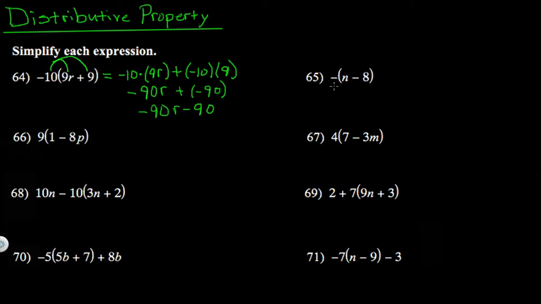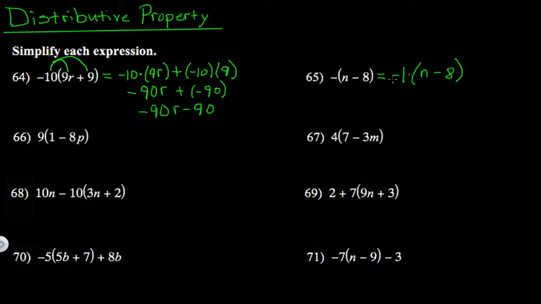Number 65 is a good one because here we have a negative. This negative, anytime you have a negative sign, you can think about it as the constant negative 1. So if you like, you can rewrite this as negative 1 times n minus 8. All right. So when you see that negative sign, this is a number that's telling you, in this case, to do the distributive property.